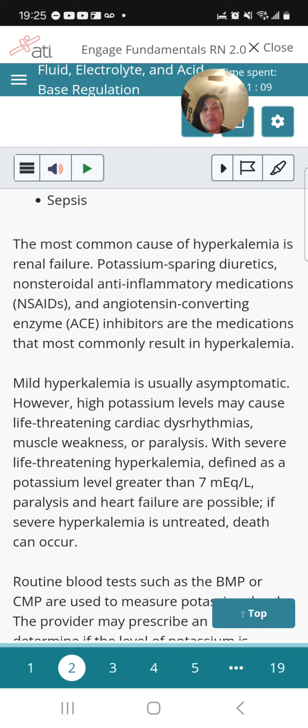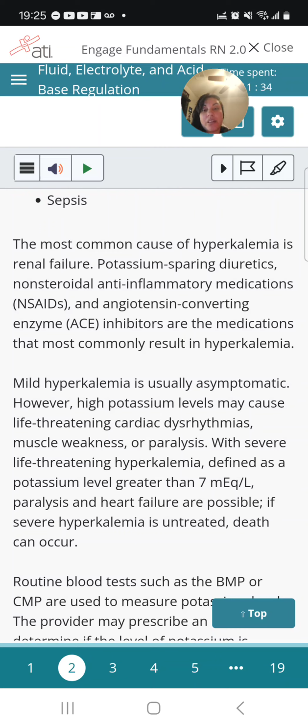Mild hyperkalemia is usually asymptomatic. However, high potassium levels may cause life-threatening cardiac arrhythmias, muscle weakness, or paralysis. Severe life-threatening hyperkalemia is defined as a potassium level greater than 7 milliequivalents, where paralysis and heart failure are possible.